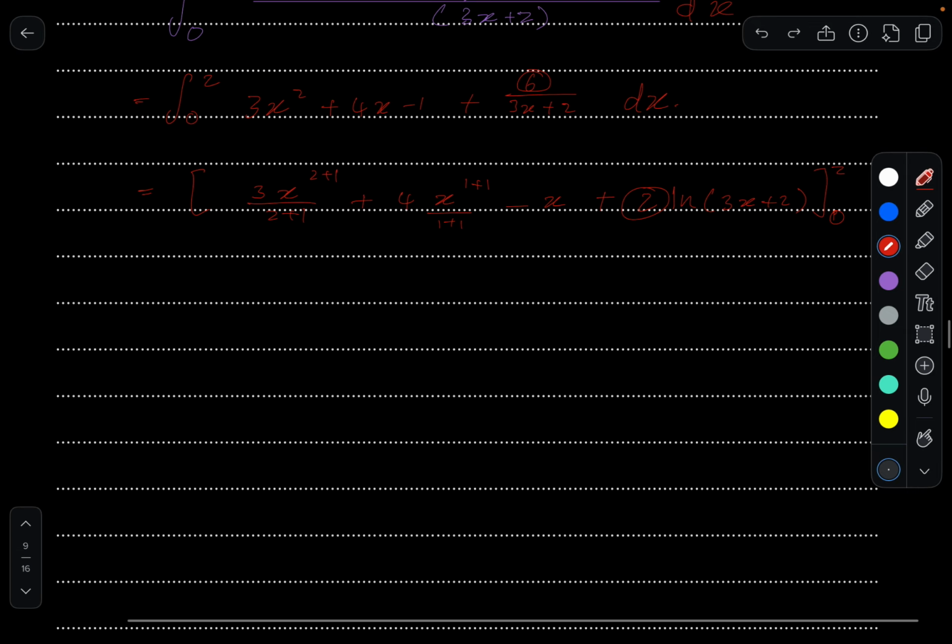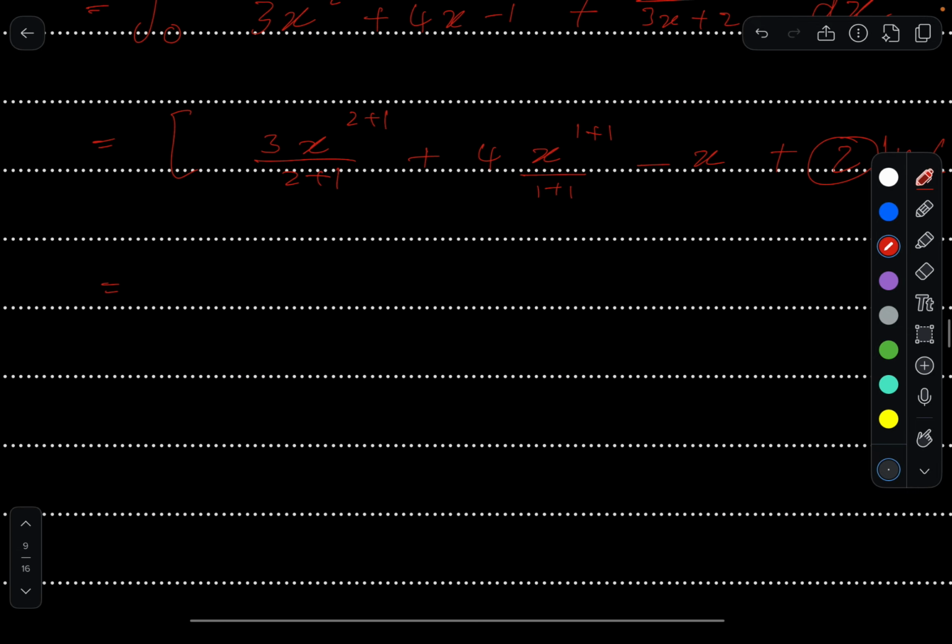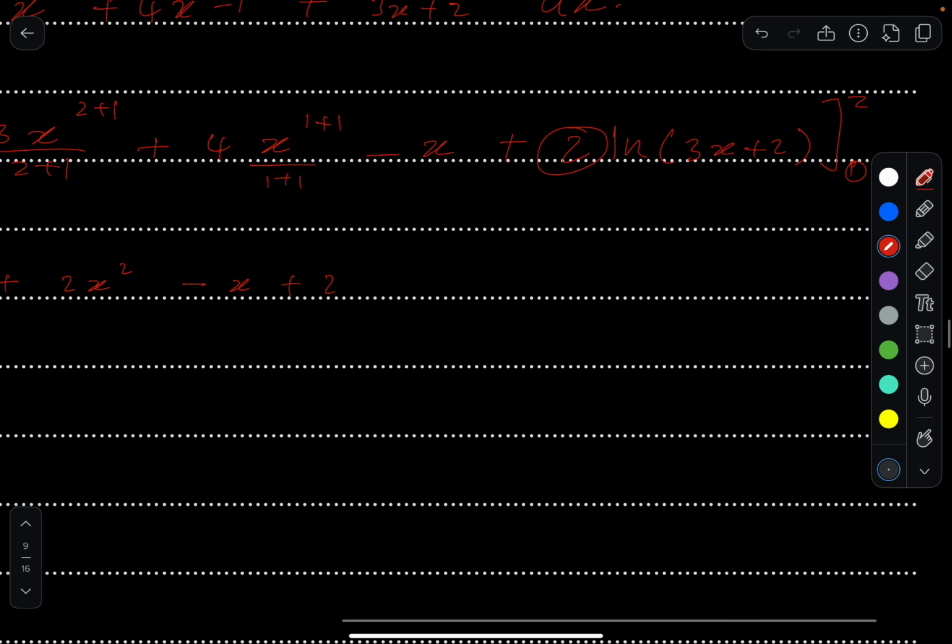Now, this part will be x to the power of 3 plus 2x to the power of 2 minus x. And then this will be plus 2 ln of 3x plus 2, with limits 2 and 0.